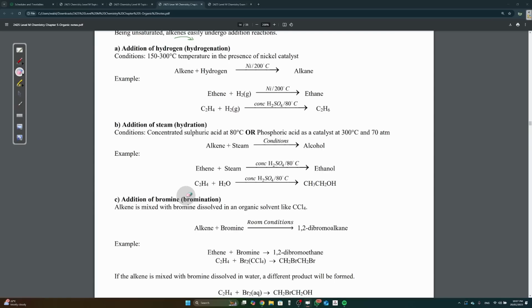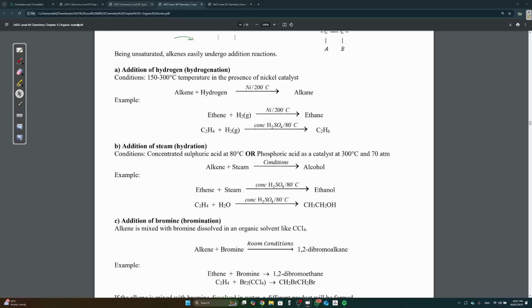Let's start with hydrogenation. Hydrogenation, as the name states, is adding hydrogen. When you add hydrogen to an alkene, CnH2n, if you add H2, what's it gonna be? It's gonna become CnH2n+2. Okay, right? And what's that? Alkane.